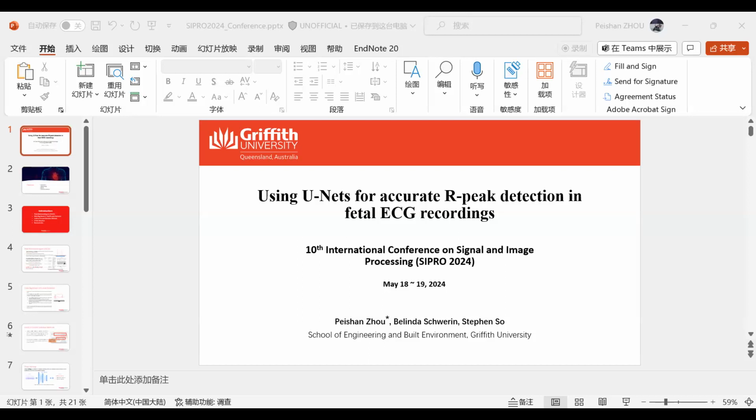Your slides are not moving. Okay, which page are we on? Are we at the clinical significance of RPIC detection? I think you can just stop sharing and again start sharing your screen with the screen slide option.